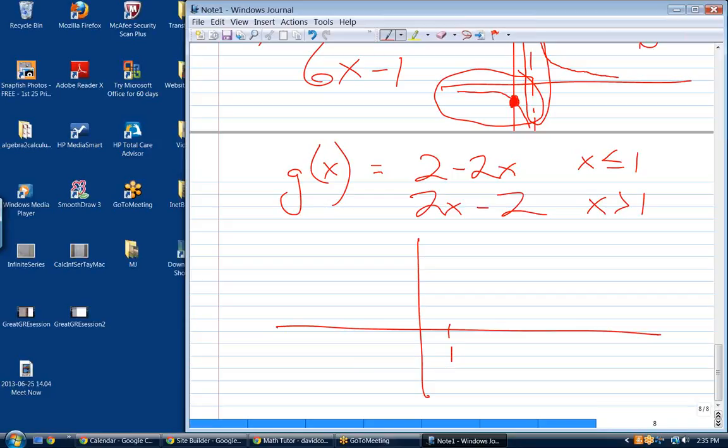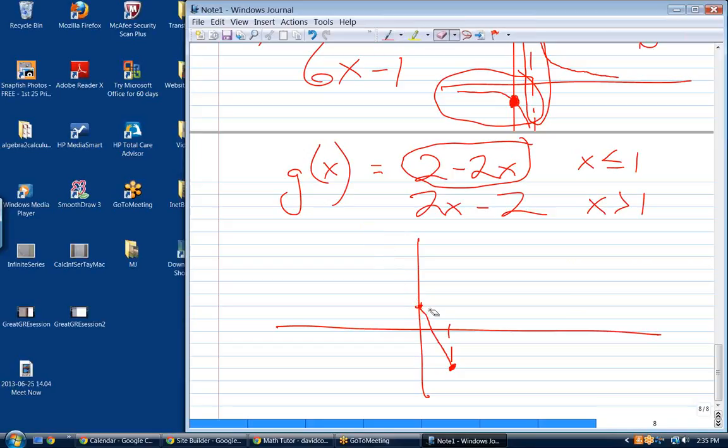When x is less than or equal to 1, it's this function right here. That function has a slope of minus 2 and a y-intercept of 2. Something like that, it continues on, and at x equal 1, y is 0.